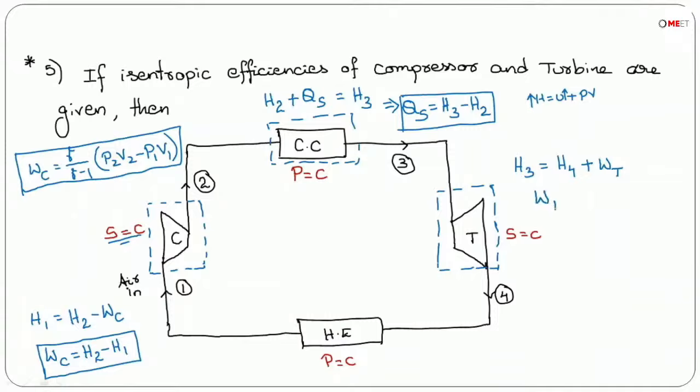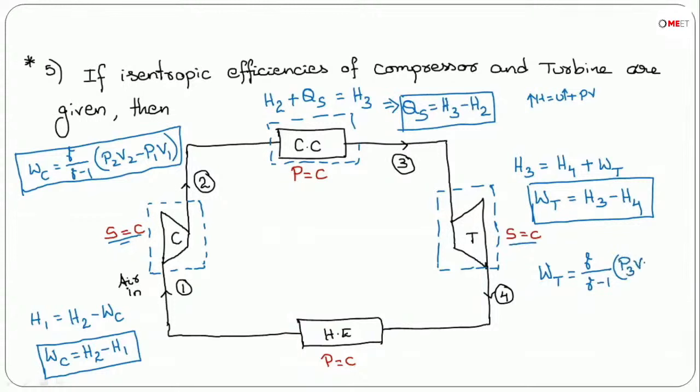This work output from the turbine Wt can be written as H3 minus H4 in terms of enthalpies, or, as this is an open system, we can write the work developed by the turbine also as gamma by gamma minus 1 into P3 V3 minus P4 V4. This is also correct for the work developed by the turbine.